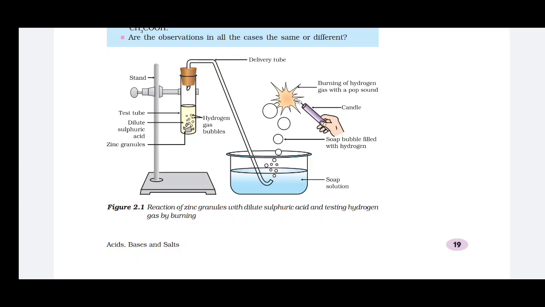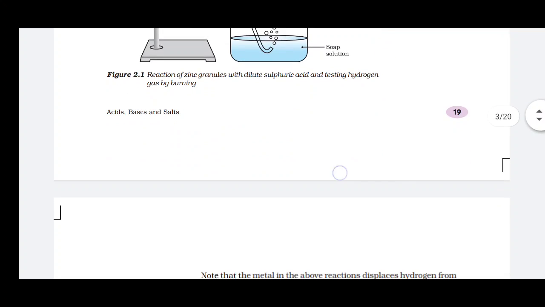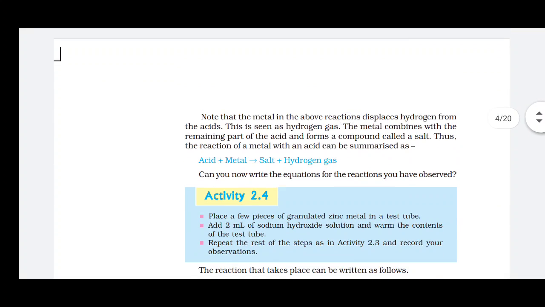In chapter number 1 also I explained to you that to check the presence of hydrogen, if you hear a pop sound, that means the gas released is hydrogen gas. The same technique we are using here. So in short, acid and metal react with one another to form salt and hydrogen gas.